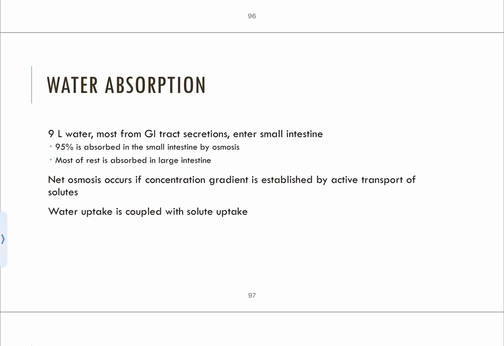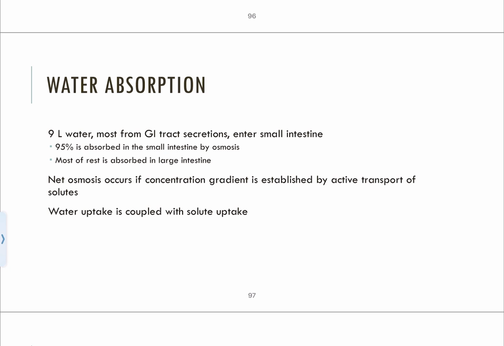Okay, water absorption. Approximately 9 liters of water, most of it derived from the GI tract secretions, enters our small intestines daily. Water is the most abundant substance in chyme, and 95% is absorbed in the small intestine by the process of osmosis, if you remember that from A&P 1. Most of the rest of it is going to be absorbed in the large intestine.